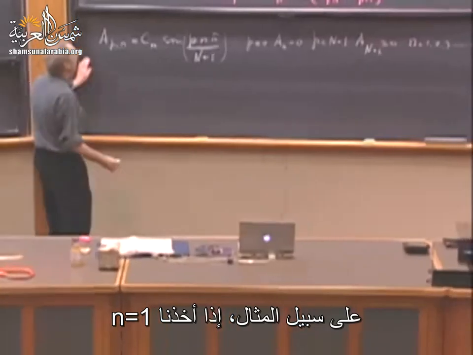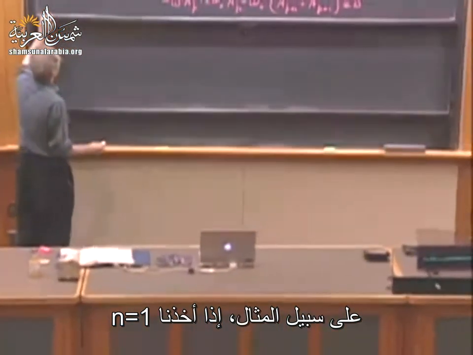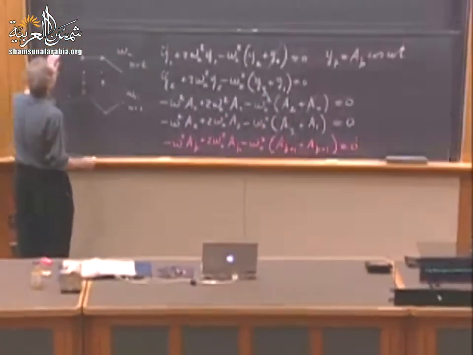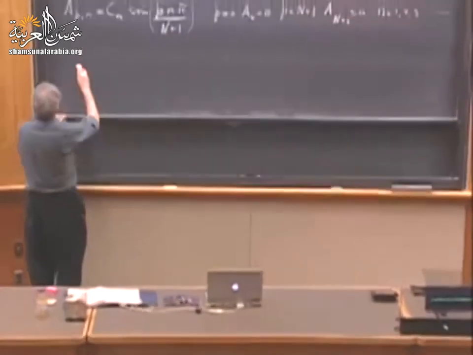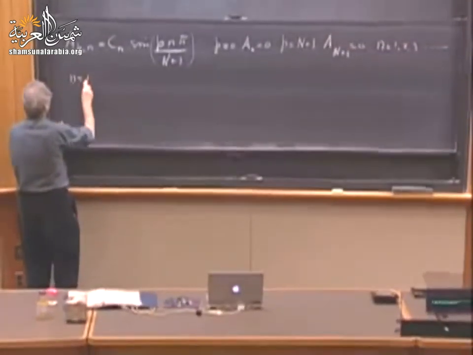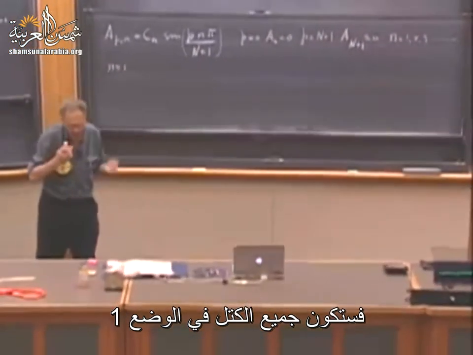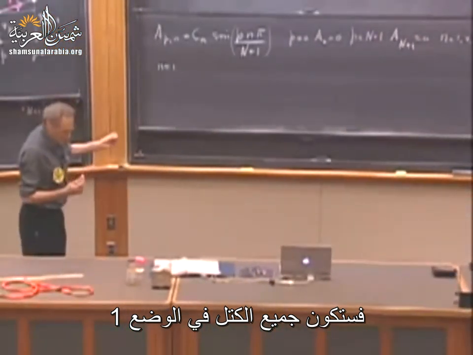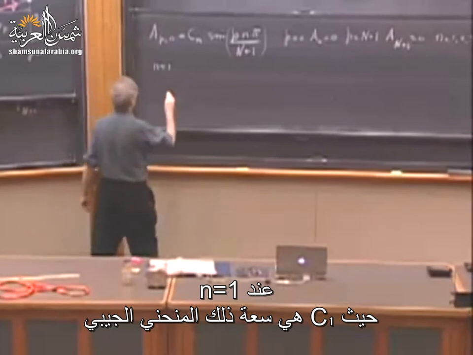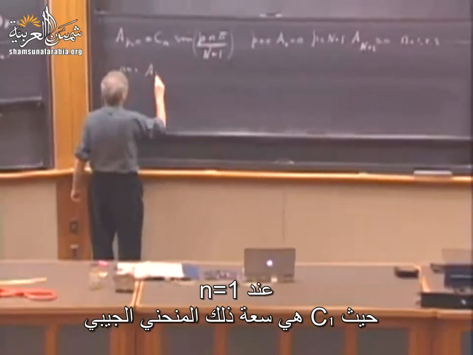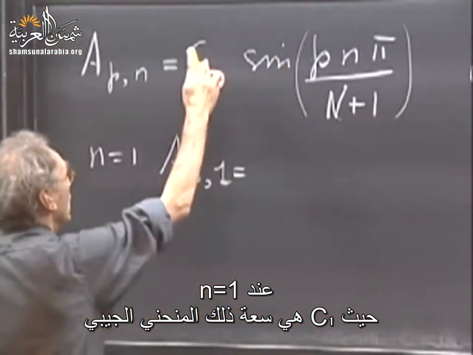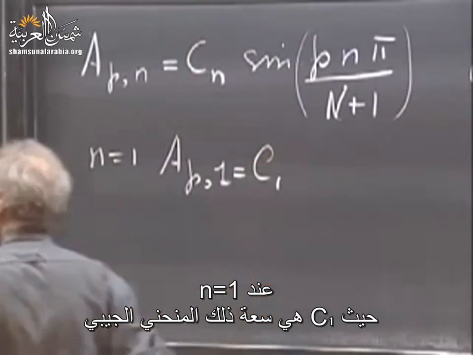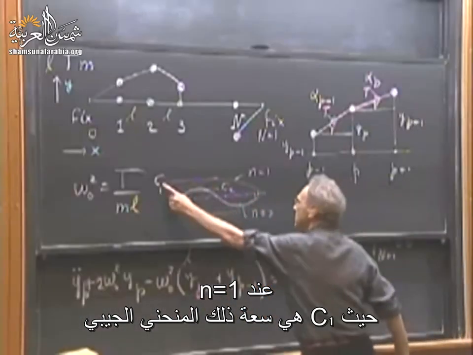For instance, let's take n equals 1. So we have particles, and they are all in mode 1. So then we get that a_p in mode 1 would have a C1, which is the amplitude of that sinusoid.